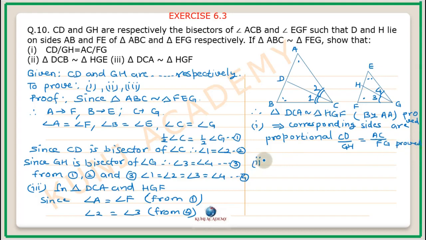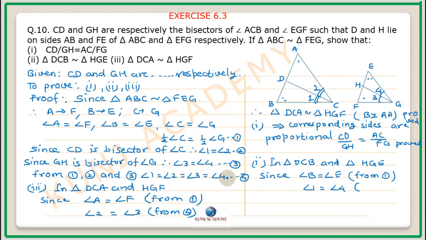Second part. In triangles DCB and HGE, DCB lower triangle and HGE upper triangle, number 1, angle B is equal to angle E from 1, and angle 1 is equal to angle 4 from 4.